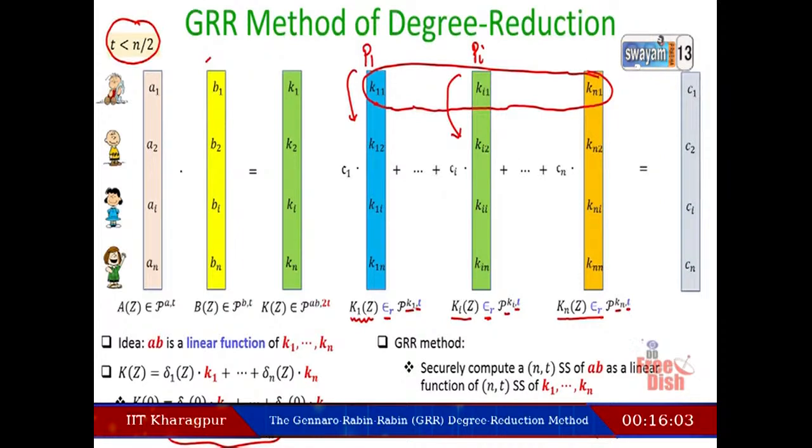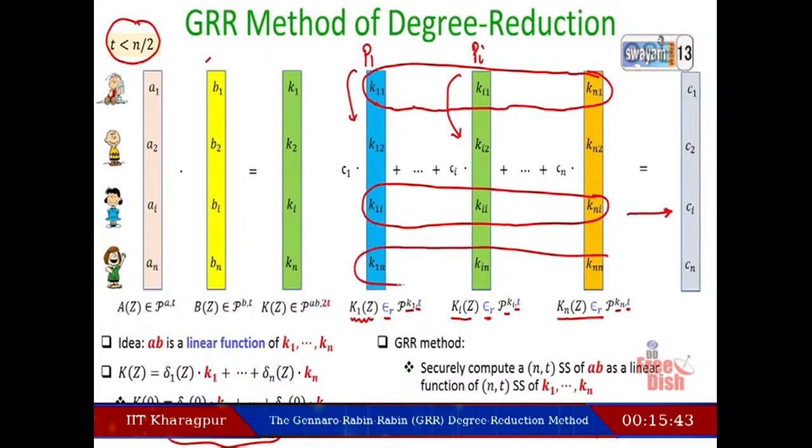Similarly, Pi will take all the ith shares for k1, k2, ki, kn, multiply them respectively with the public constants C1, C2, Ci, Cn, and it will obtain its new share called ci. And similarly, the nth party will take all the nth shares that it has got in the respective secret sharing instances, multiply them with C1, C2, Ci, Cn respectively and obtain this share.